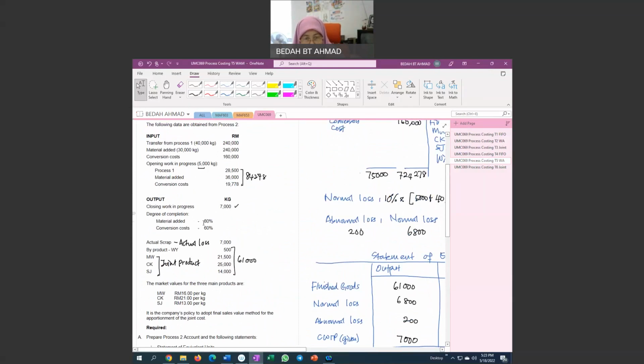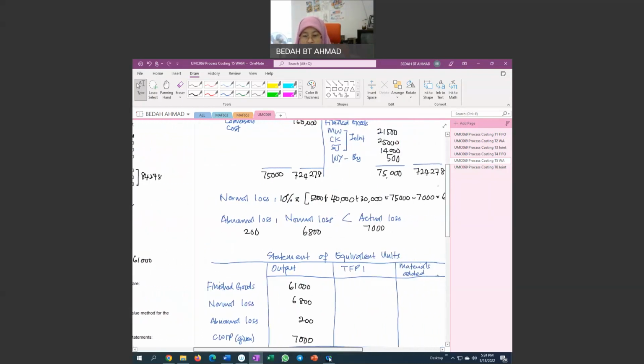The degree of completion, I think for materials added is 80% completed, conversion cost 60%. From process one, it is 100%. Okay, so then we can add up.